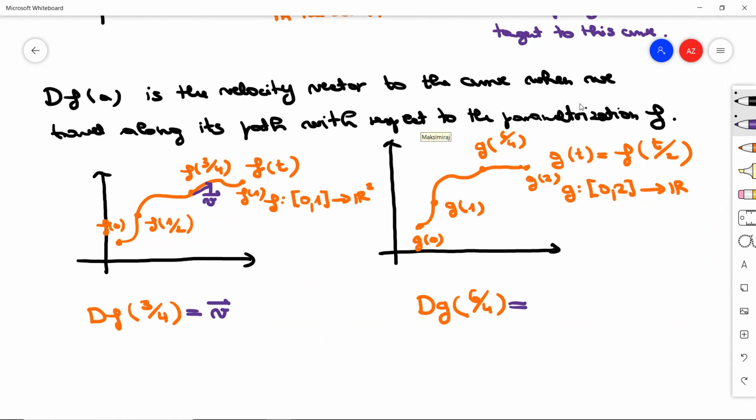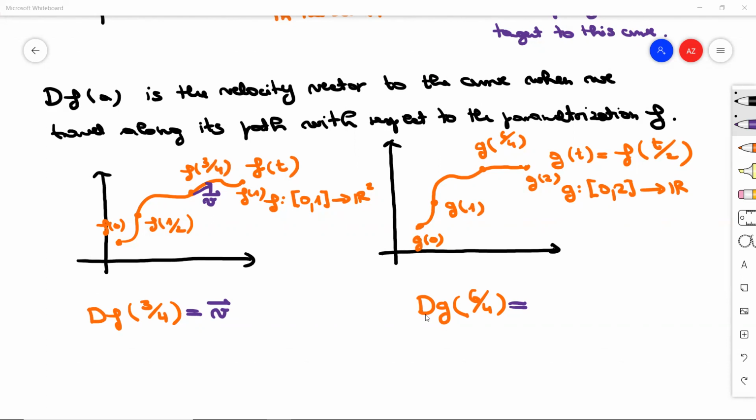Yeah, exactly. dg is smaller than df. But how do we compare vectors? When we have vectors, we must say something about the direction and something about the size. The directions are the same, but the sizes are in ratio 1/2.